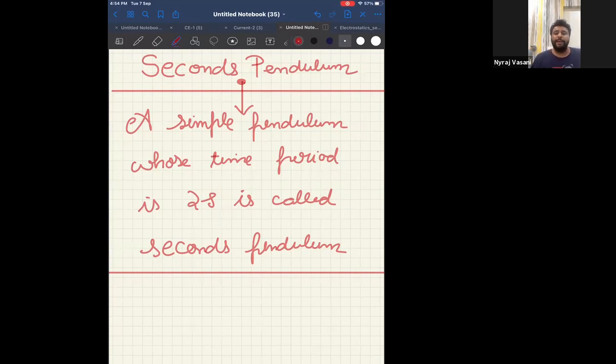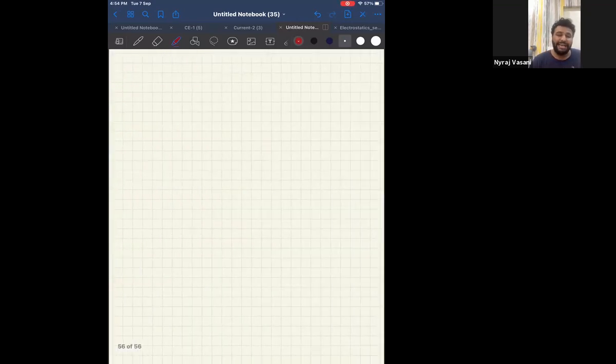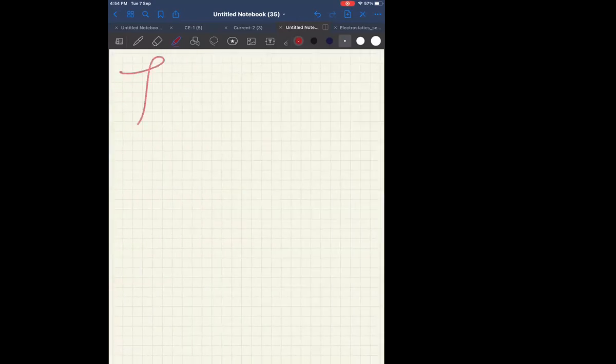Okay, done. Now my question to you is, what is the formula for length of a seconds pendulum? Can you derive it and give me the answer? What is the formula for length of a seconds pendulum?